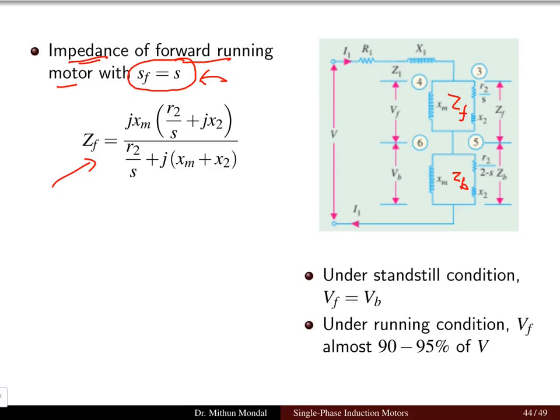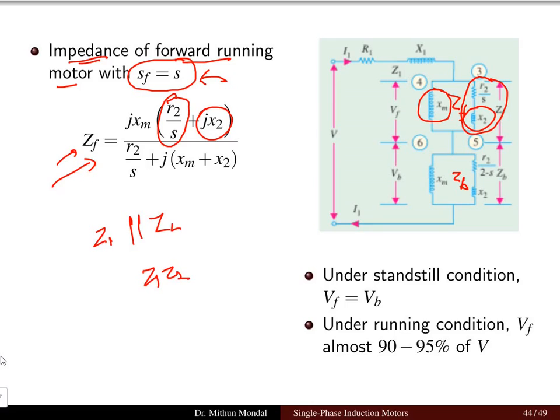In the forward impedance, we can see that Xm, the magnetizing reactance, is in parallel with the two components, one resistance R2 by S and another the reactance jX2. So we can use the parallel concept where, when two impedances are in parallel, we can use Z1 Z2 divided by Z1 plus Z2.